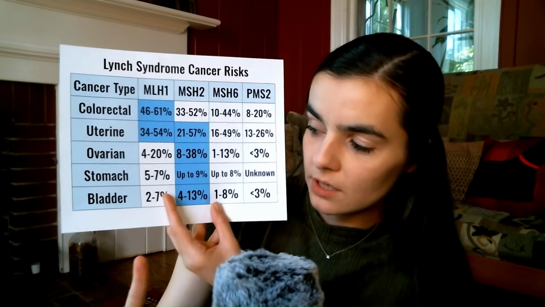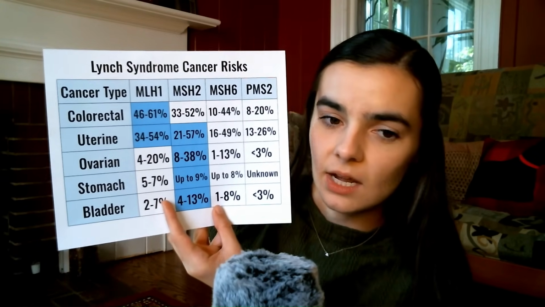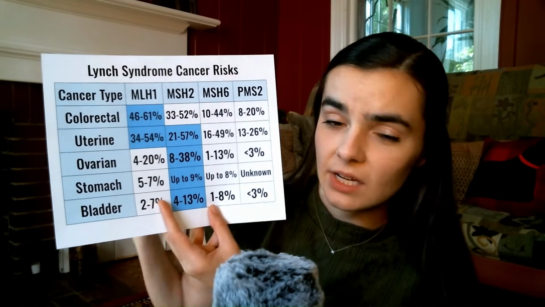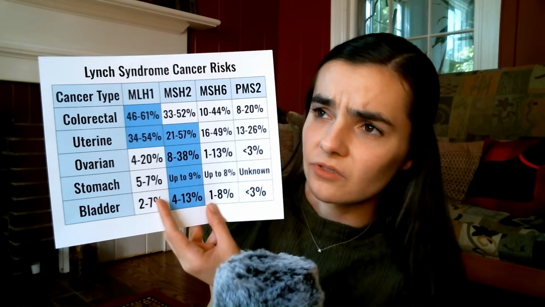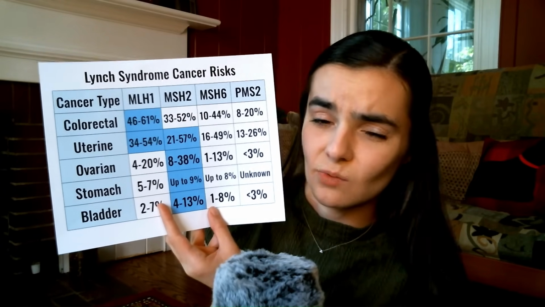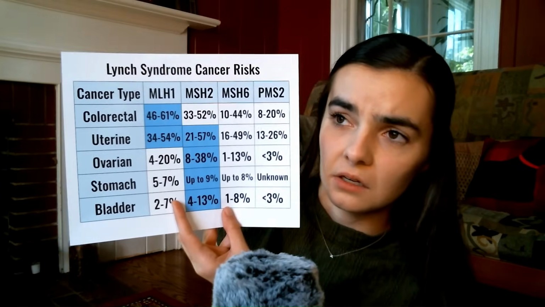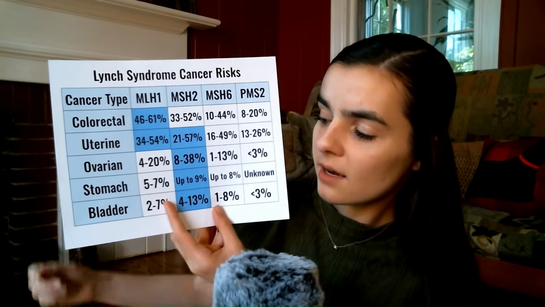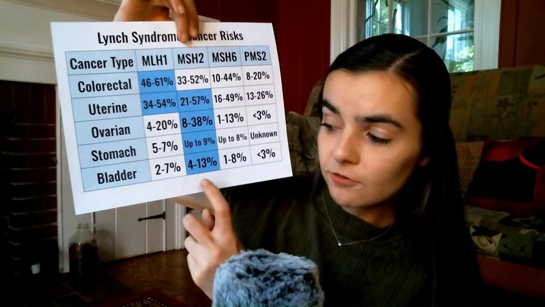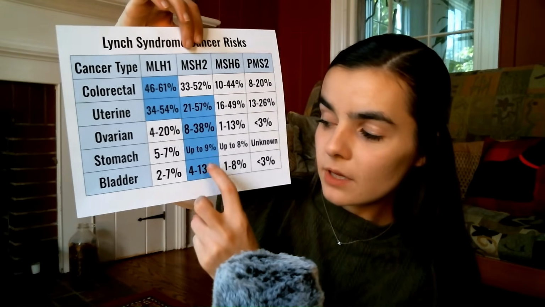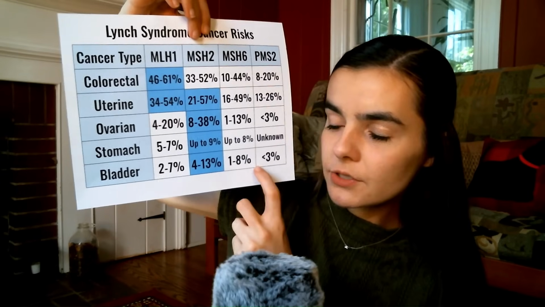Stomach cancer is up to 5 to 7 or up to 9% with these higher genes, up to 8% still with MSH6. Stomach cancer affects less than 1% of people, so being up to 9% is pretty high risk. And then bladder cancer, 4 to 13% with MSH2, pretty low risks with the others.